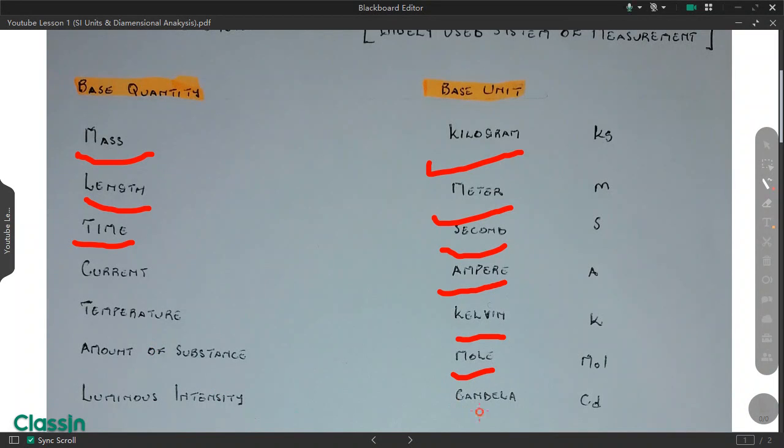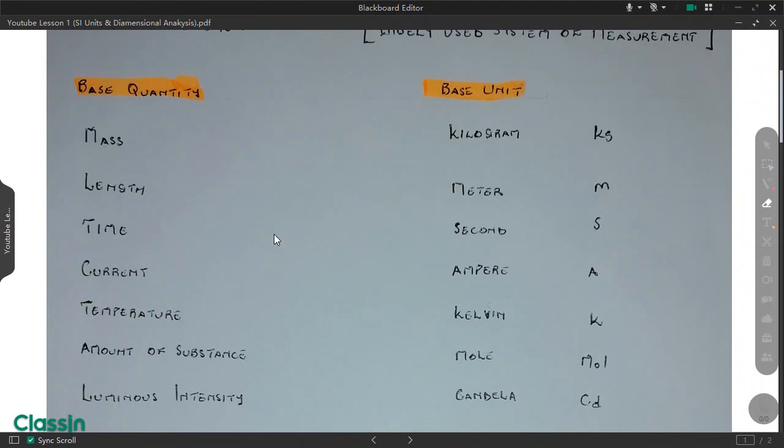And luminous intensity has the base unit candela, used when you're dealing with lighting, either lighting your workshop or a theater, whatever you want to light. So how do you measure the intensity of light? You use the unit candela.